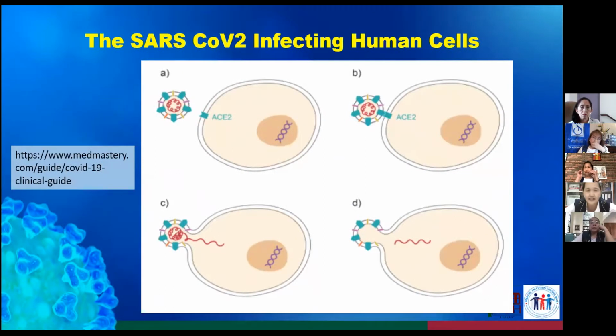So how does it enter the cell? Kailangan talaga, it's through the spikes. That's the one that makes up the corona. Merong particular parts of our cells that allow the interaction. So parang merong key and lock na mangyayari. And that's present in some cells dun sa places of our body where it could be exposed.